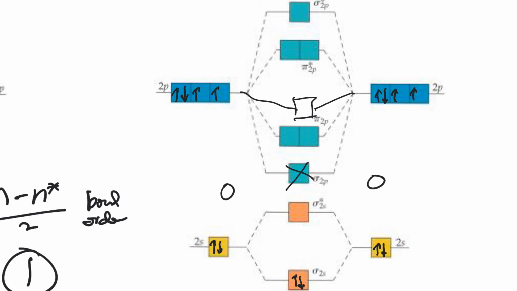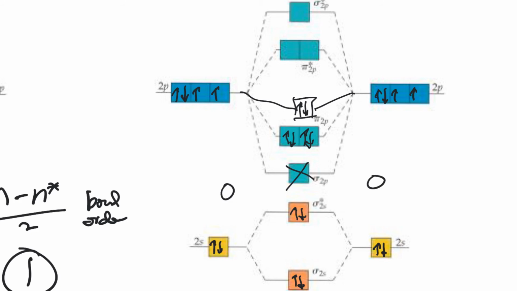So I fill 1, 2, 3, 4, 5, 6, 7, 8, then up to 12. Now that would be oxygen-oxygen.